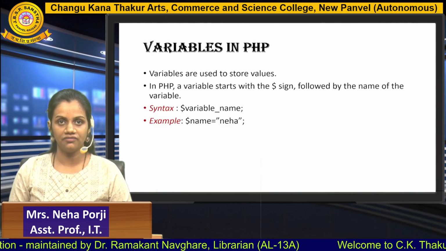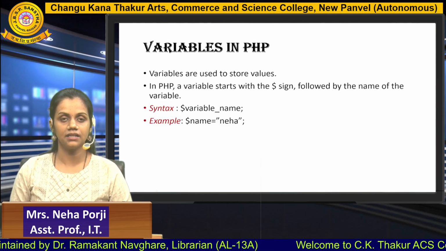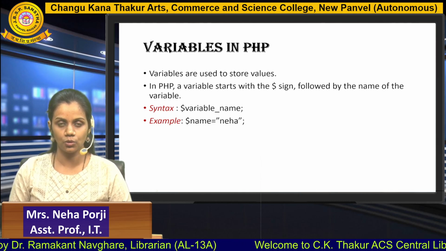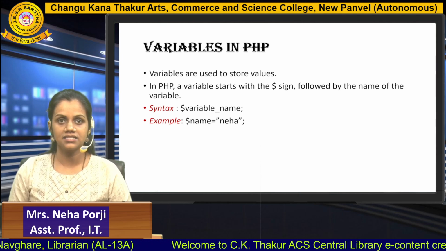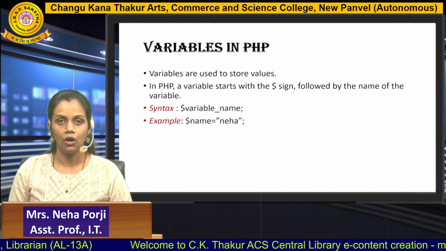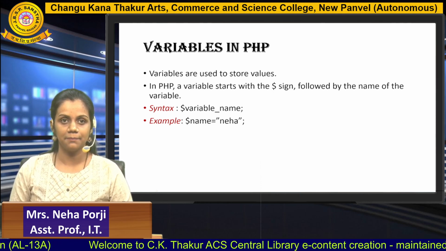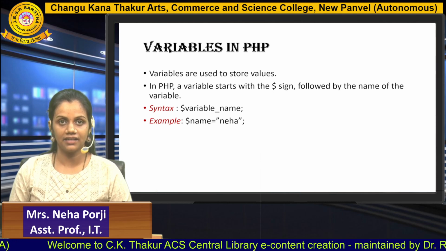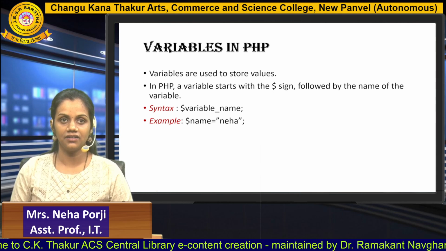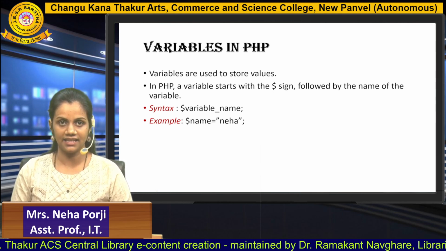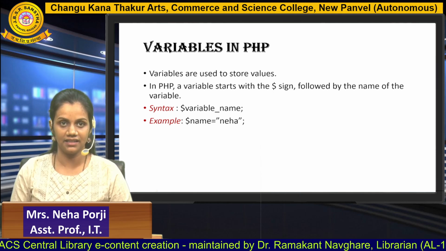Now talking about variables in PHP, variables are used to store values, and in PHP a variable starts with a dollar sign. Here is a simple syntax representing variables in PHP. As we can see, we start our variable with a dollar sign, then the variable name.